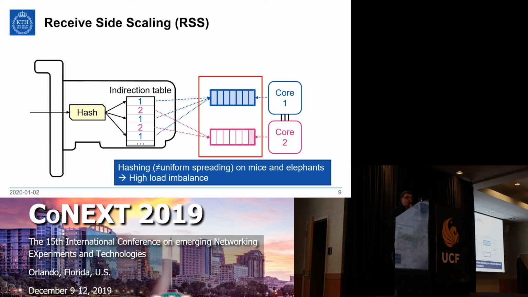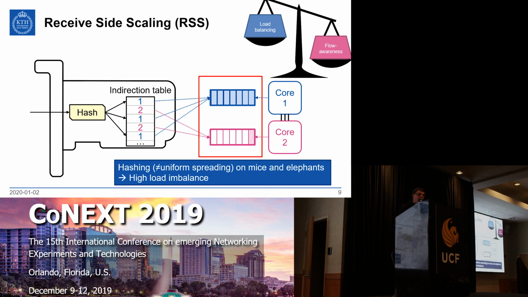But even if hashing was super good, super uniform, you're still hashing, on the internet, mice and elephant flows, right? So you've got a few huge flows, but a lot of small flows. And that creates this imbalance between the cores. So in a way, RSS is purely flow aware, so packets of the same flow go to the same core, but it's kind of bad at load balancing.